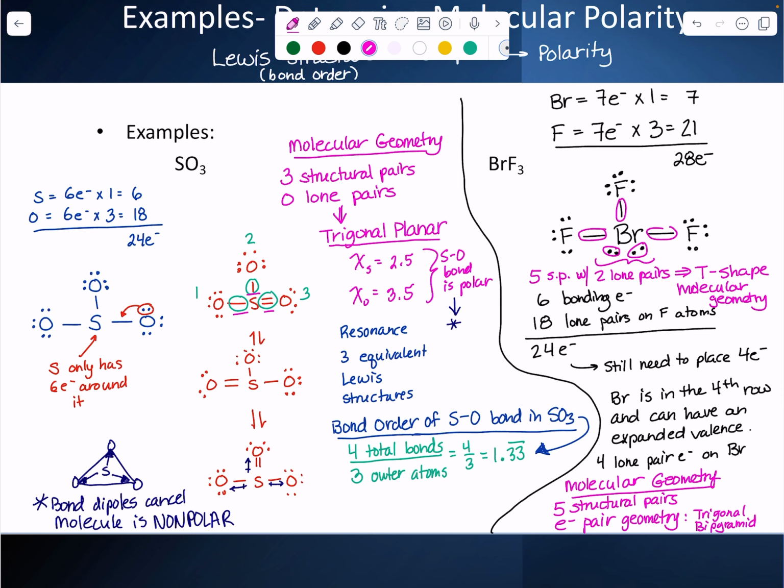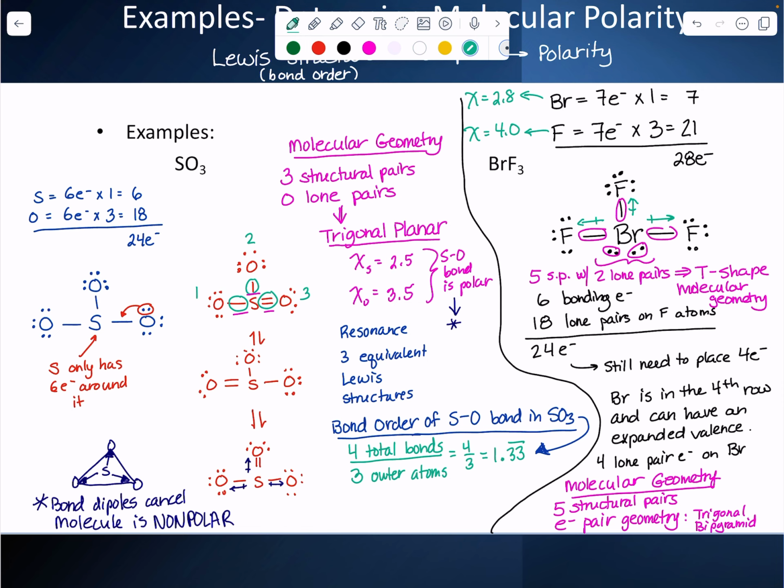Now, when we're talking about whether our bonds are polar or not, bromine has an electronegativity value of 2.8, and fluorine has an electronegativity of 4.0. So we are going to have polar bonds, and they're going to be polarized towards the fluorine.